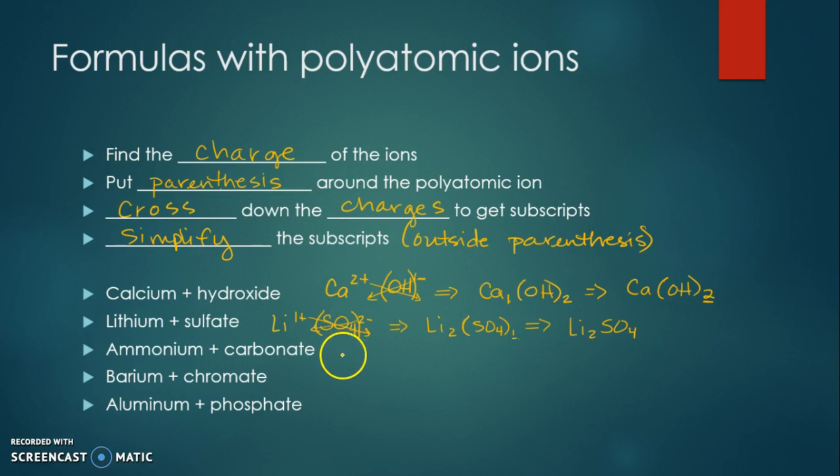All right, ammonium carbonate. So ammonium is NH4 with a positive 1 charge, and then carbonate is CO3 with a negative 2 charge. Okay, put parentheses around the polyatomic ion. Guess what? There's 2. So yes, you're going to put parentheses around both of them. Yes, both of them. All right, 1 and 2 cross down.